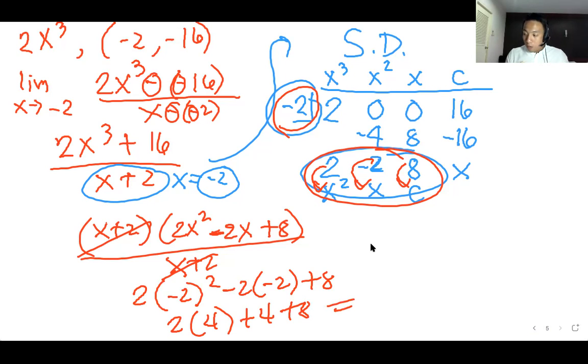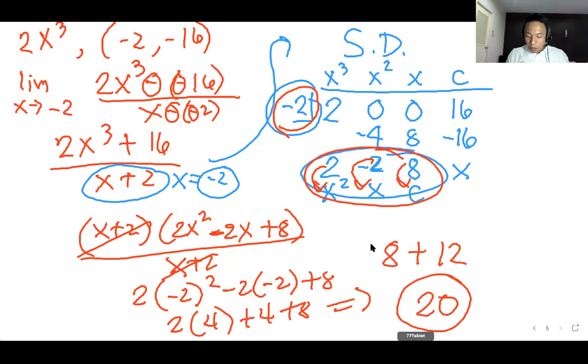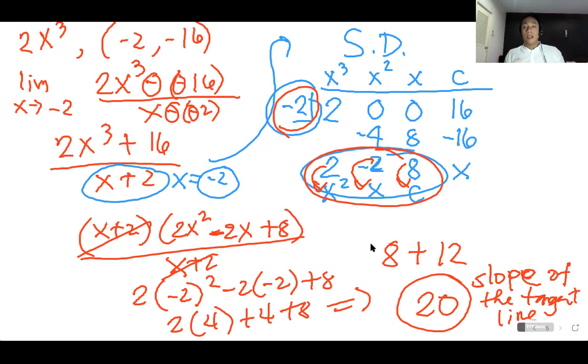And then 2 times 4 is 8, plus 4 plus 8 is 12. And then 8 plus 12 is 20. So this will be the slope of the tangent line. As simple as that. Okay?